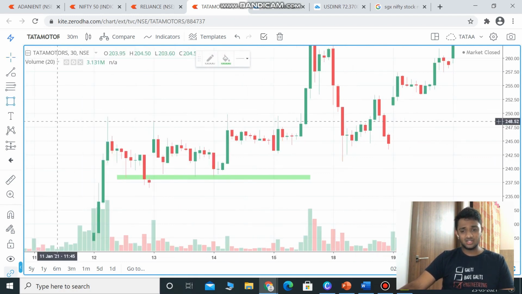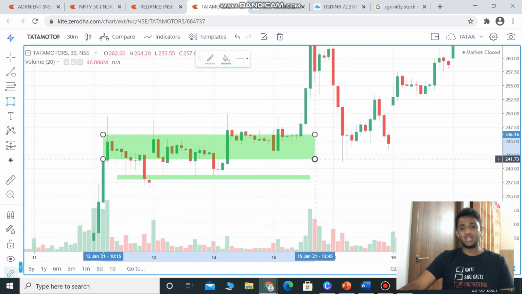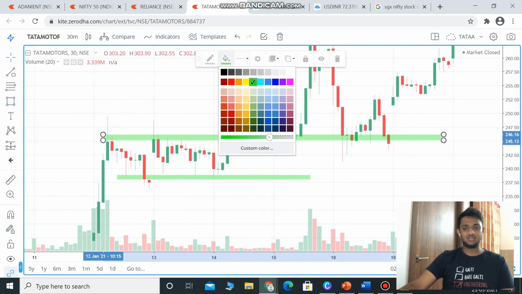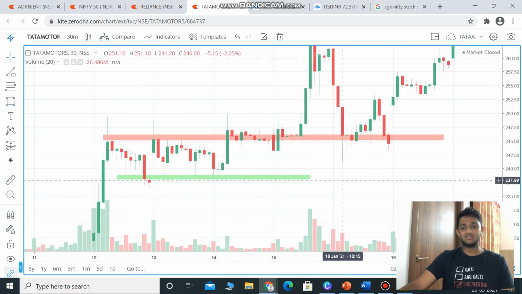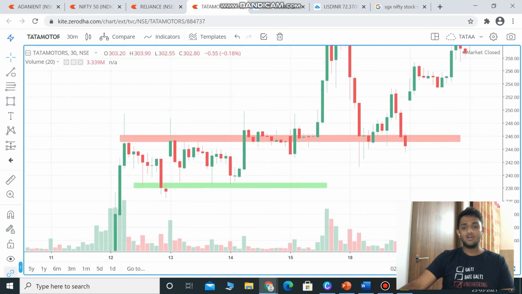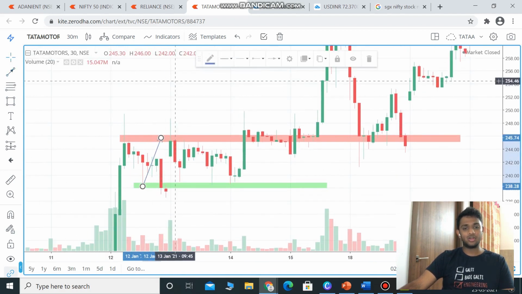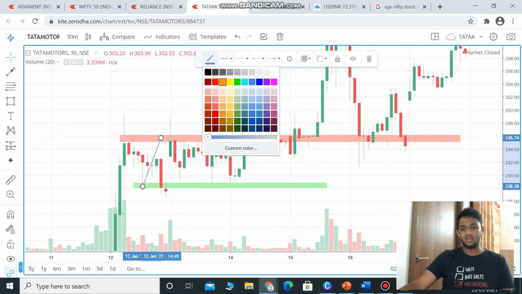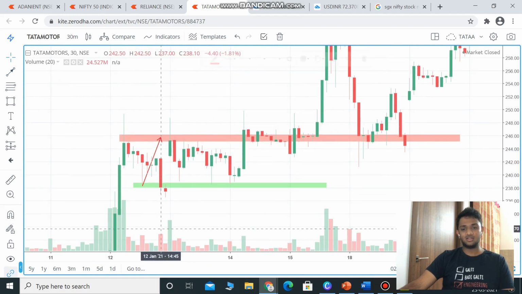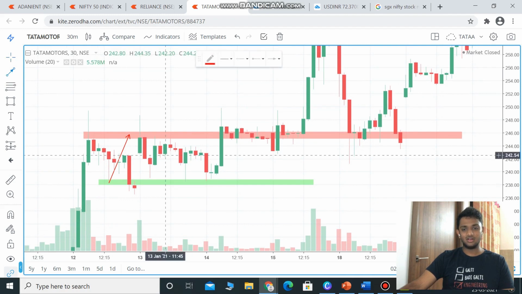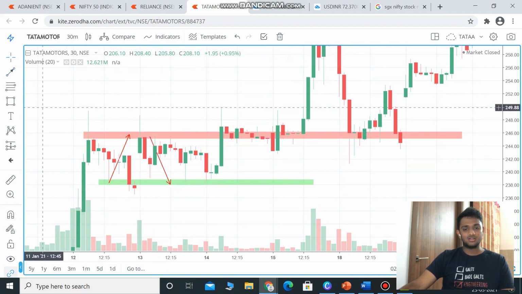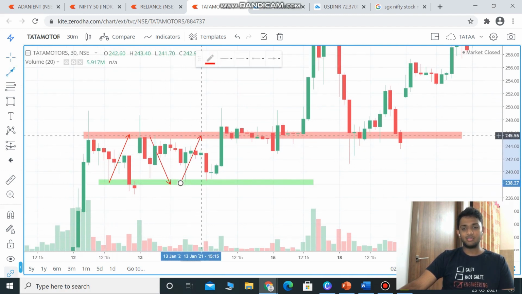So if you consider this as the major resistance found for this support and resistance, I guess you can see here, this is acting as both support and resistance.